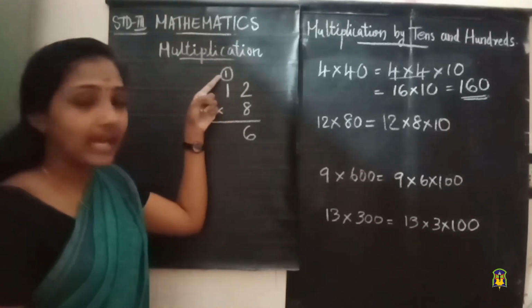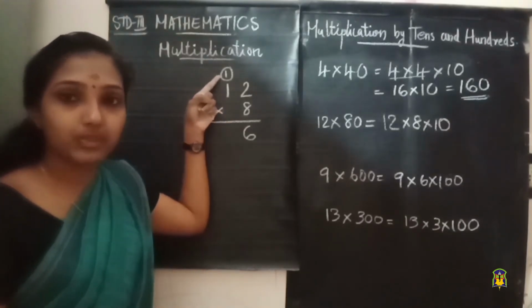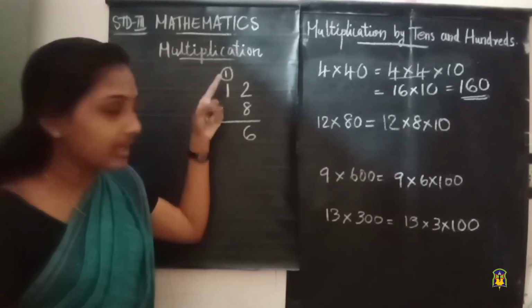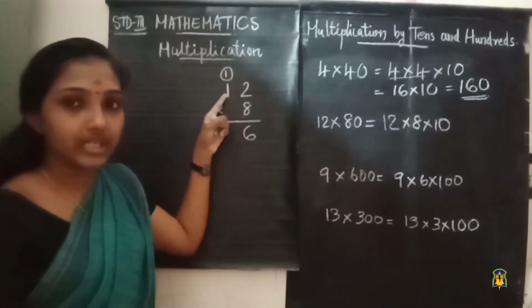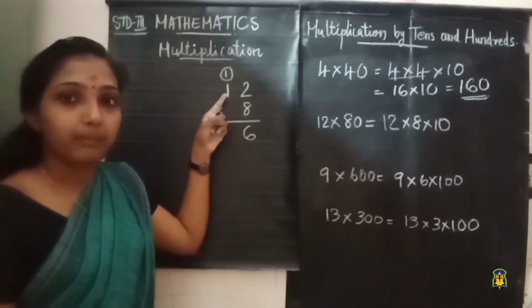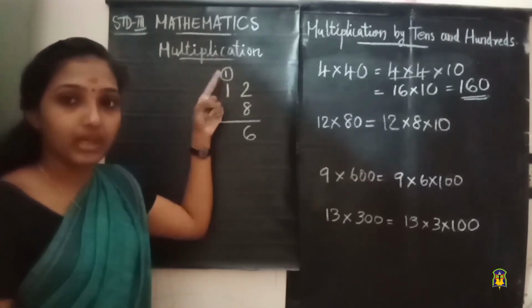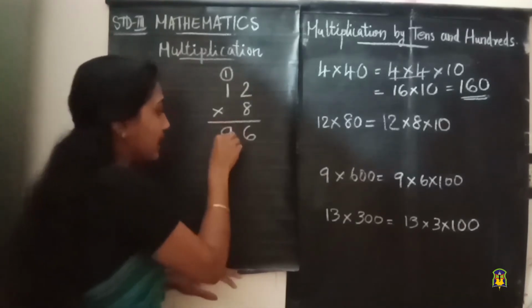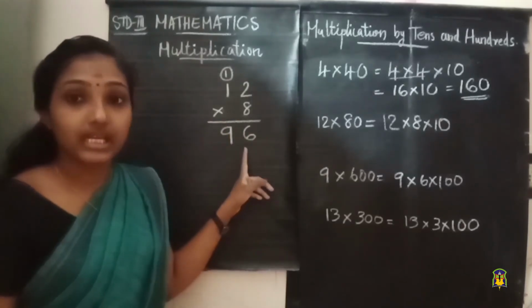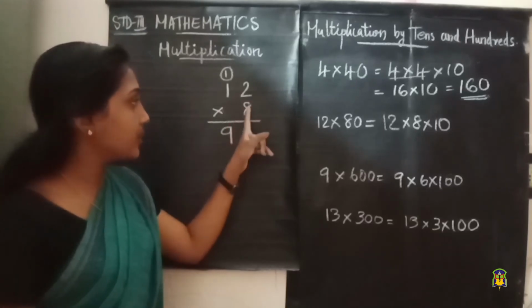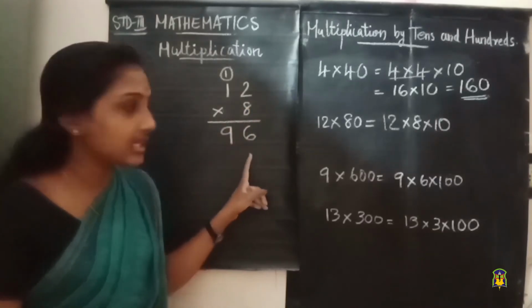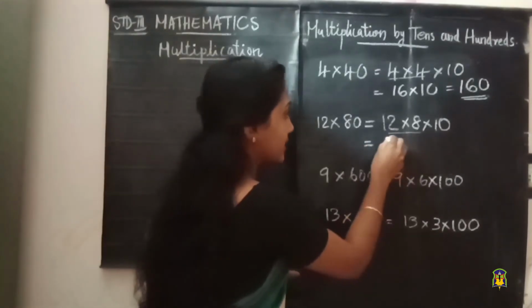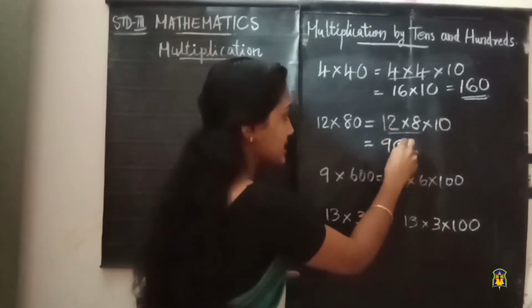And also a carryover is here, so we have to add this carryover. 8 plus 1 makes 9. So it is 96. 12 into 8 gives 96.